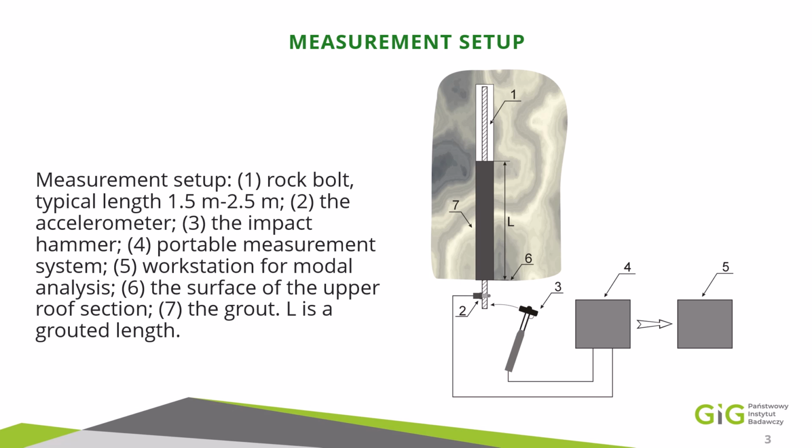Then we measure frequency response functions using a measurement setup. That rock bolt is hit in several points to get average results, to increase the accuracy, decrease the error, and eventually to omit node points.